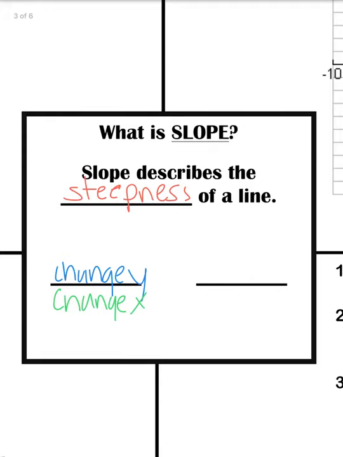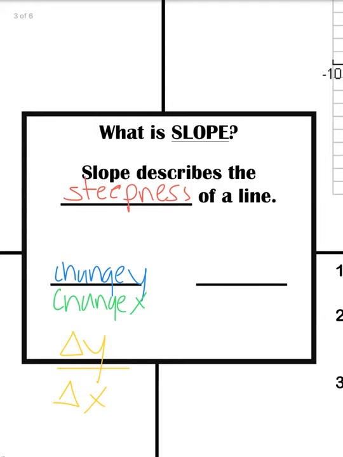All right? And you don't need to write this down, but a quick way of writing the change in y over the change in x would be delta y over delta x, where these little triangles just mean the change.